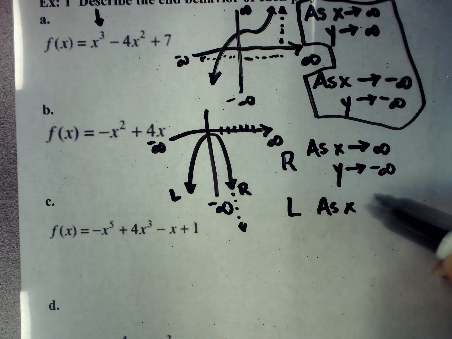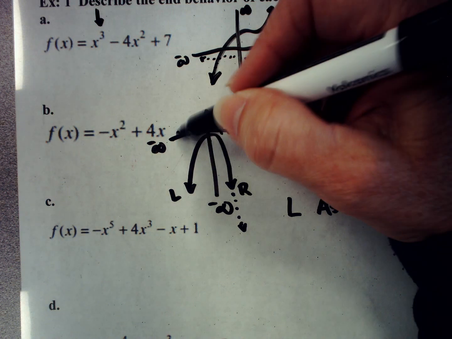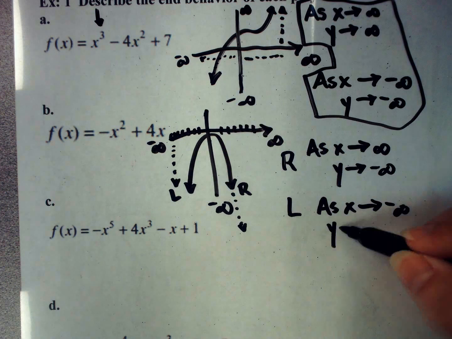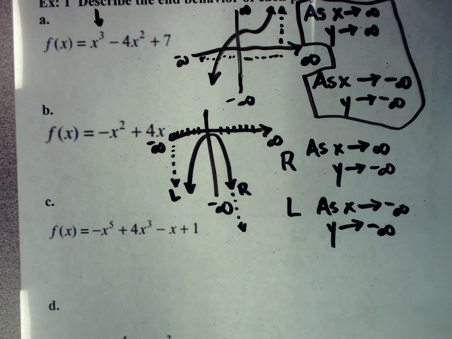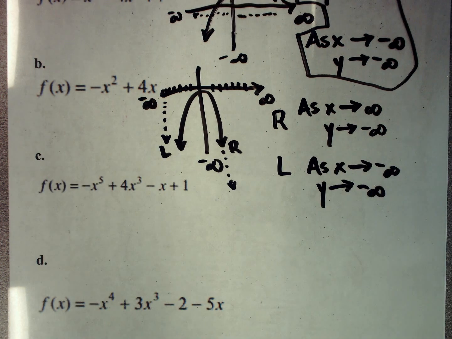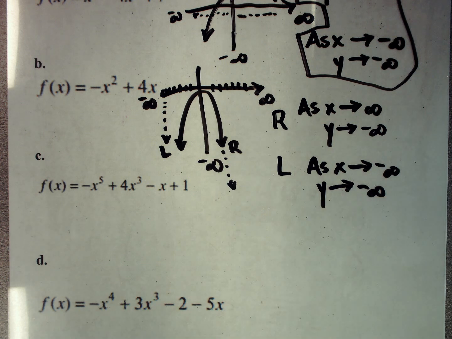As x starts approaching negative infinity, like you're plotting points towards negative infinity, where are the y values going? Y values are going down to negative infinity as well. So you have to write both sides of your ends of your graph as your end behavior. I only drew the sketch because it's just a visual for you.